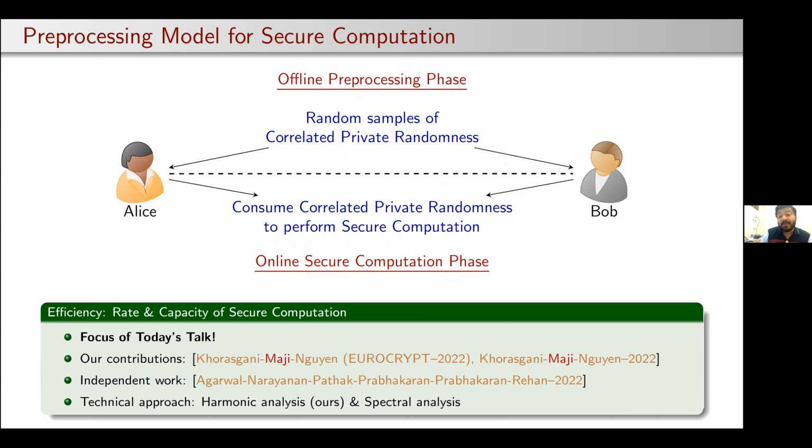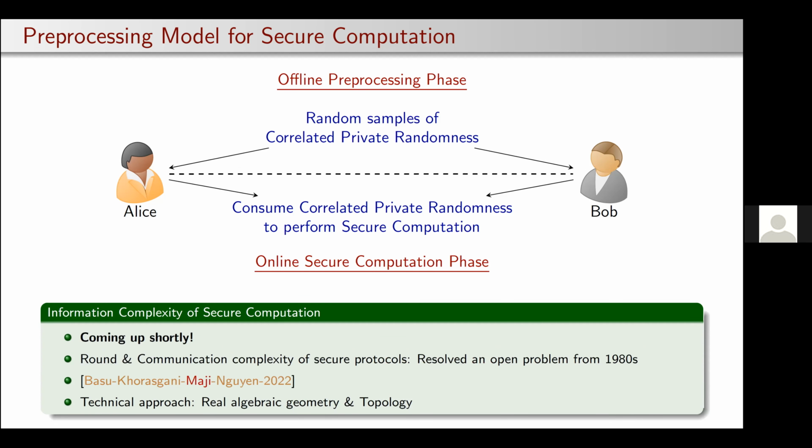The topic that we'll cover in today's talk is in this general scope of research. Further, one can also ask, what is the round or communication complexity of secure computation protocols? This is an investigation of the information complexity of secure computation.